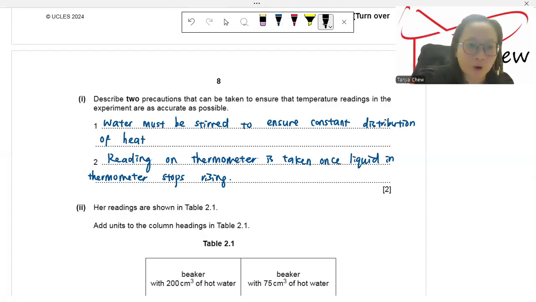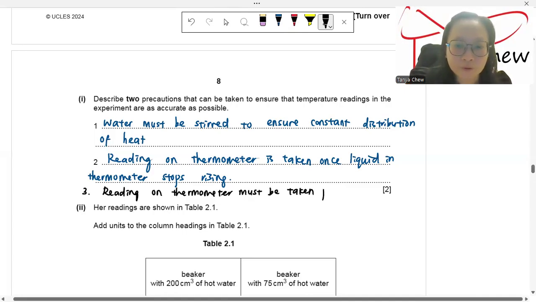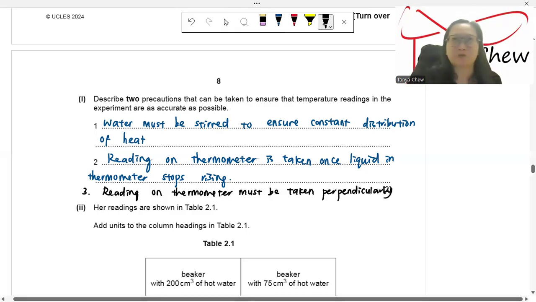And maybe the third one, if you want to add it, reading on thermometer must be taken perpendicularly. So make sure that your eye level is perpendicular to the scale on the thermometer.